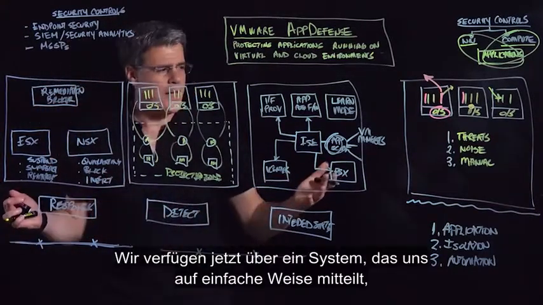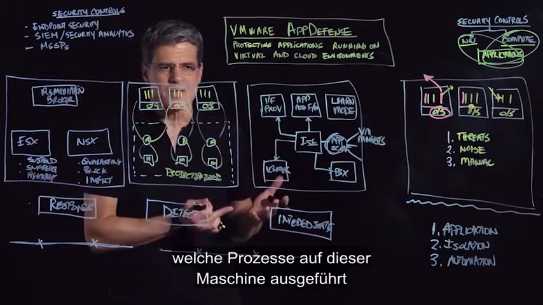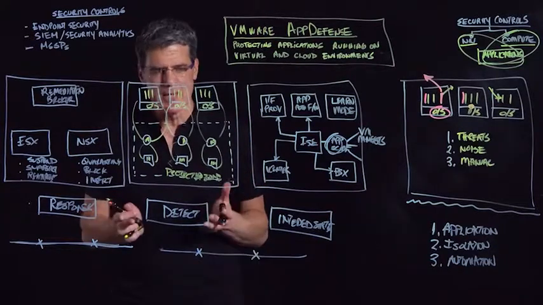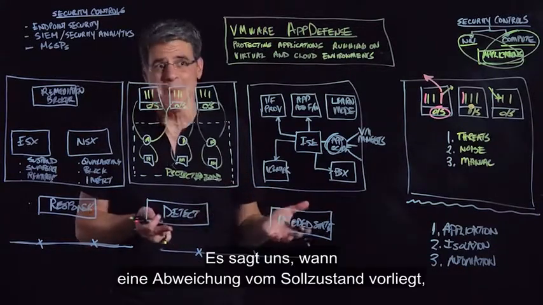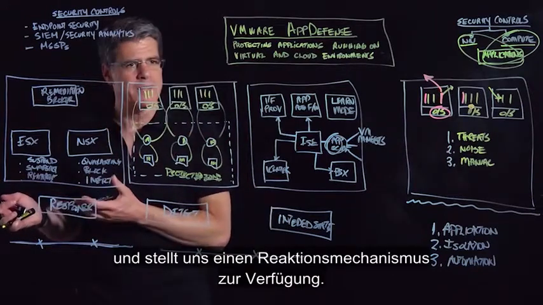So suddenly we have a system that, in a very simple manner, will tell us what actually is supposed to be running on this machine, what its purpose is, can tell us when what's running doesn't match, and then allows us to facilitate this response mechanism.